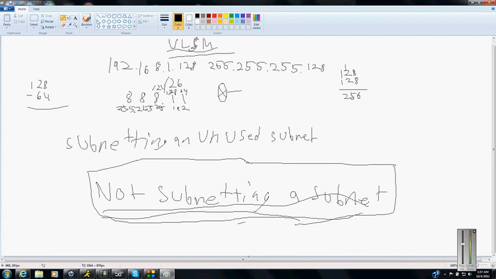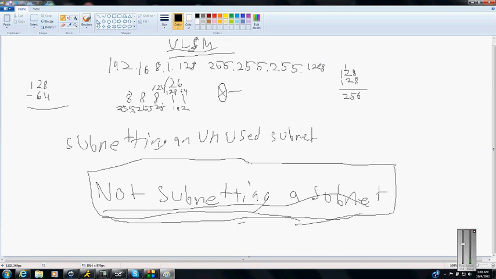So again, just look at your networks that are already in use and try to find out their ranges, where they begin and where they end. You have to break this down into binary, and again, the subnet mask into binary, where there are both ones and zeros.